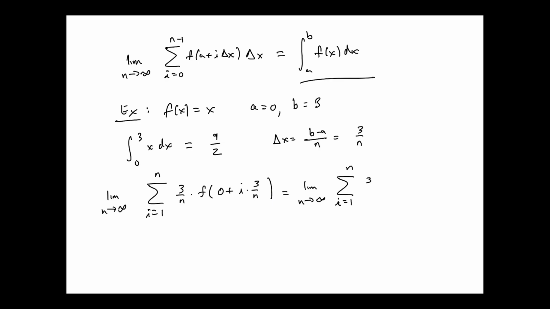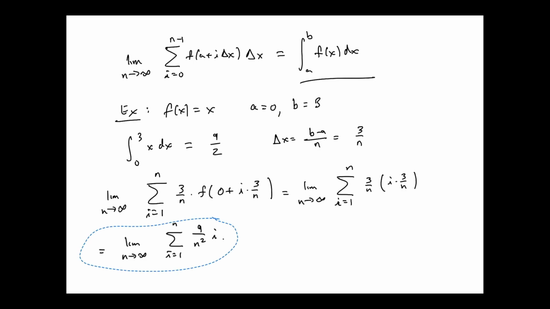I'll have 3 over n times i times 3 over n, which I can go ahead and rewrite as the sum i equals 1 to n of 9 over n squared times i. I'm going to copy this so that we can go to a new page with it.